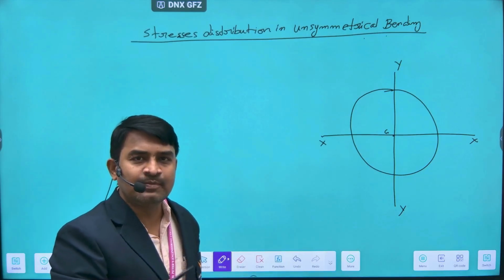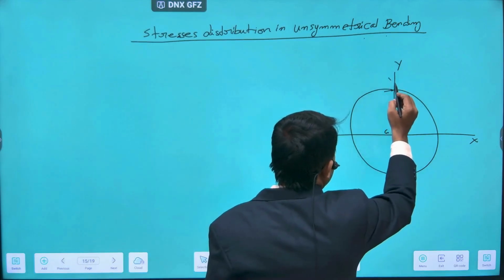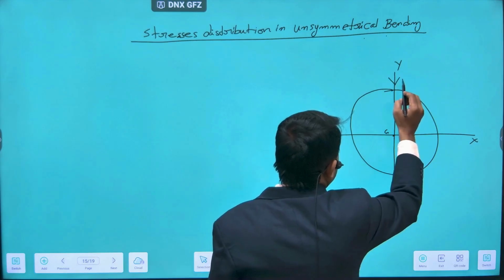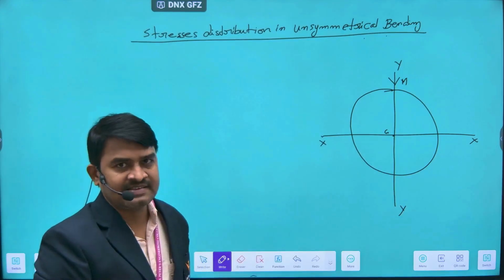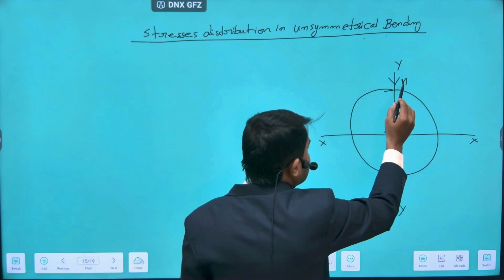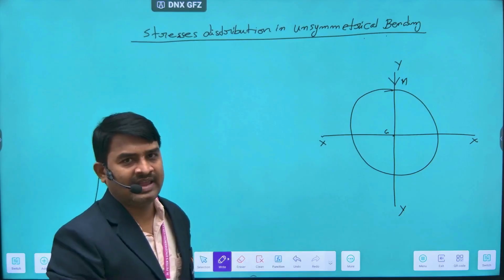Next, the important point here is we are considering the moment acting on the body along the y axis. Here M is the moment acting along the axis y.